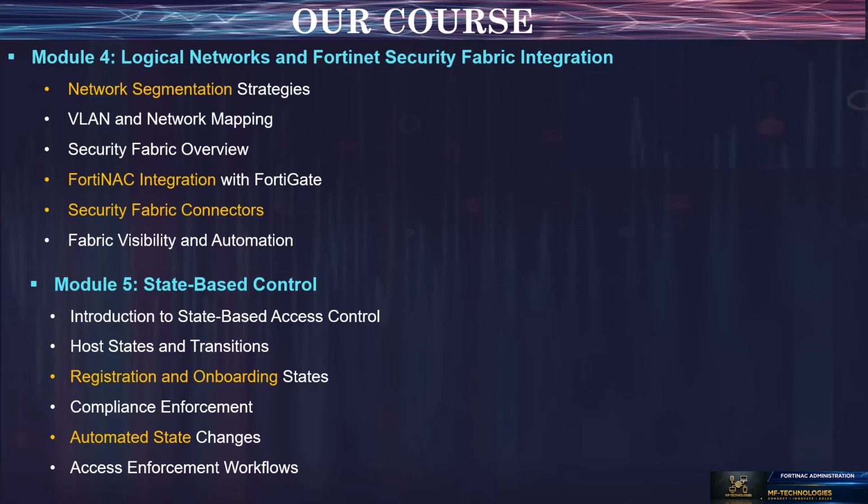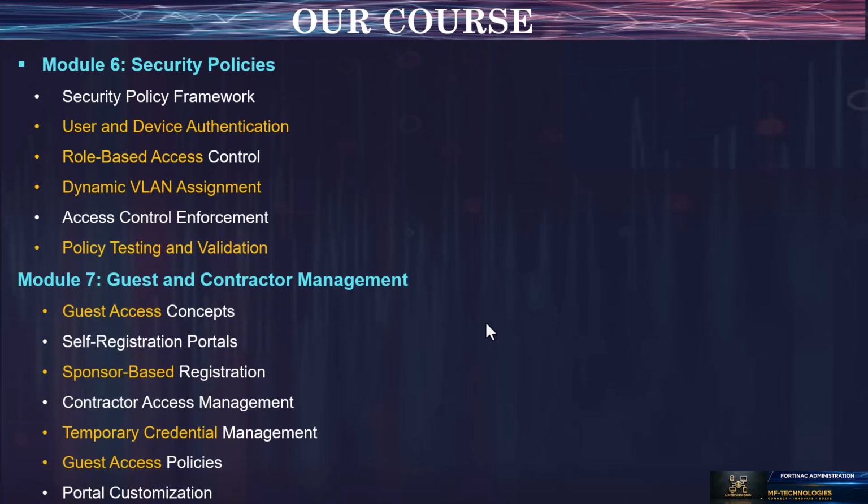Once we understand how devices move between different access states, we will begin creating the policies that control this behavior. In Module 6, we will see the security policies, which are the core of Fortinet's decision-making process. Every organization has different security requirements, so Fortinet allows you to translate those requirements into automated policies.